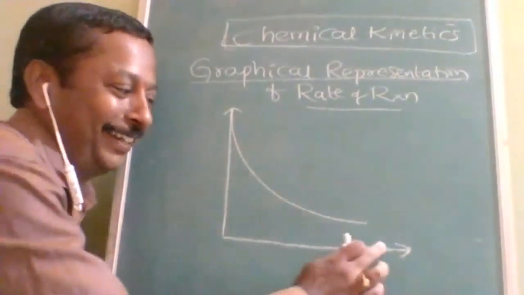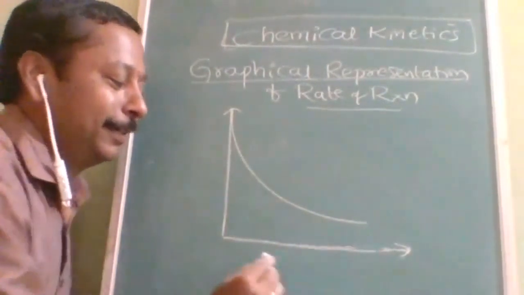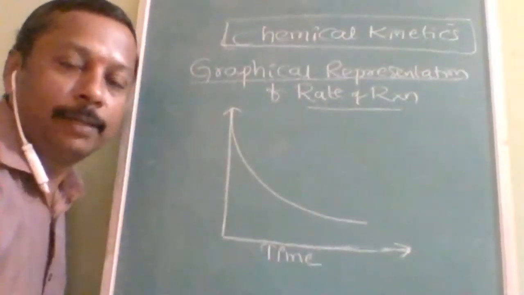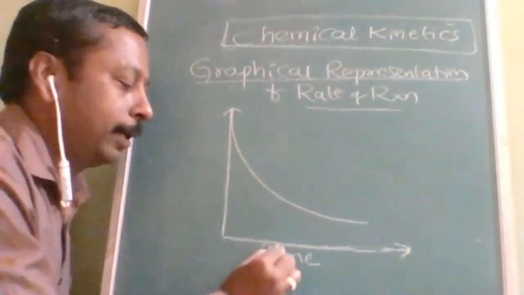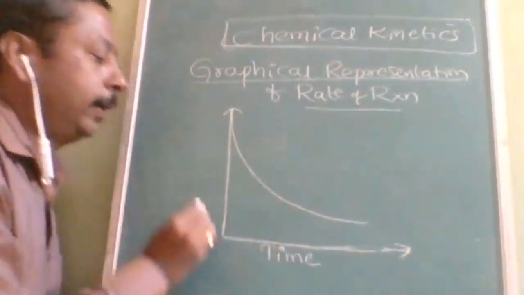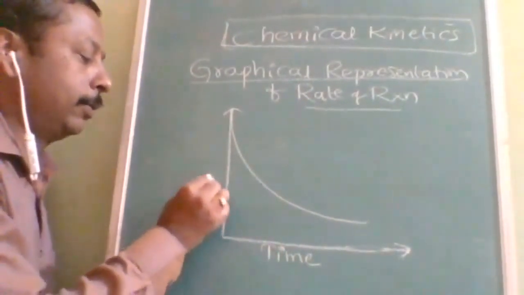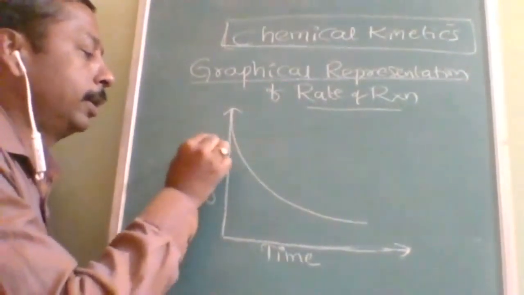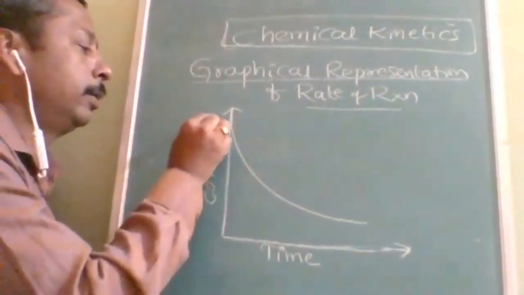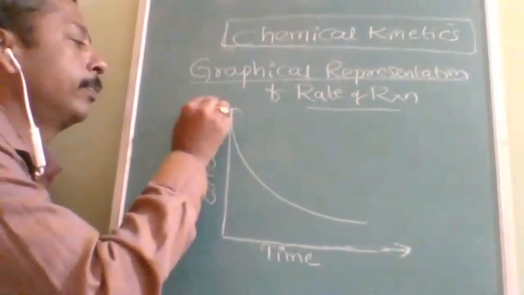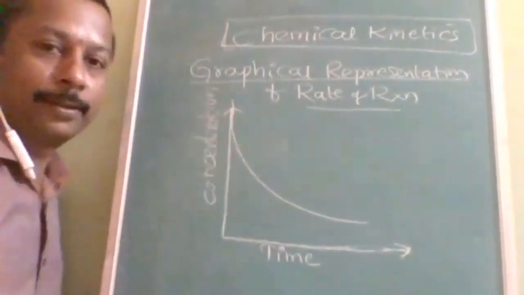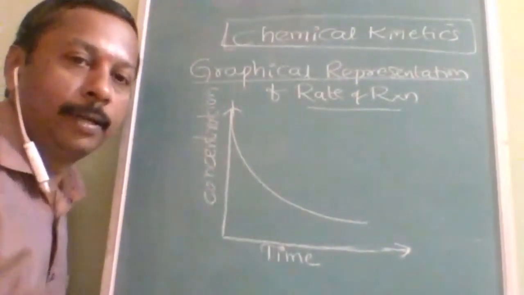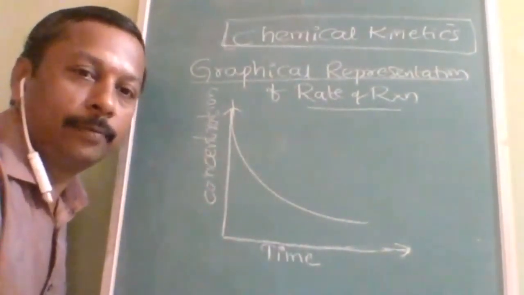Okay, now let us take this here. We will take time on the x-axis. What will be the parameter? It will be time. And on the y-axis, it is going to be concentration. Now you can tell me, this curve represents the concentration of what?